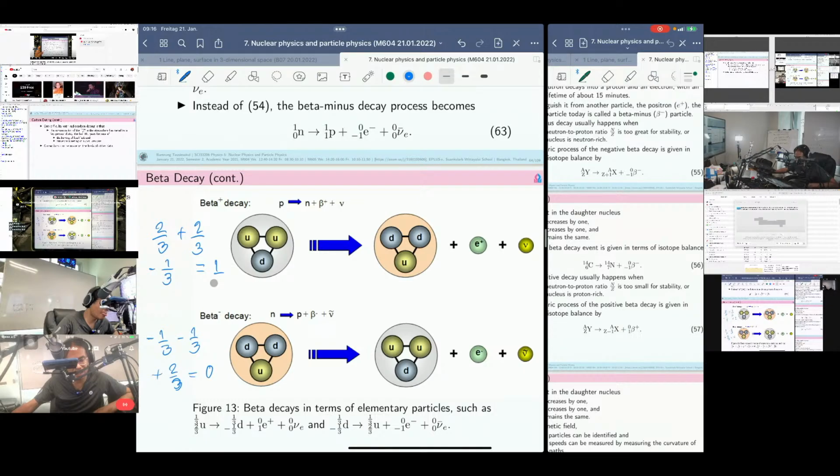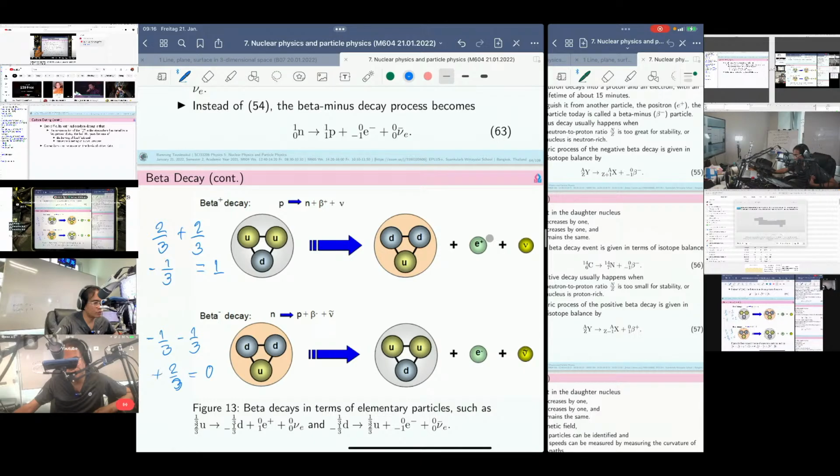Okay, the beta plus decay: the proton turns to be a neutron, and a positron is emitted. The positron, written e plus, is the antiparticle to the electron, but it has positive charge.